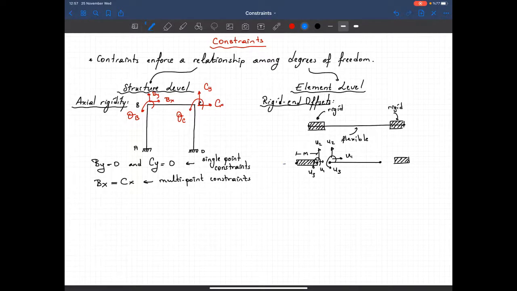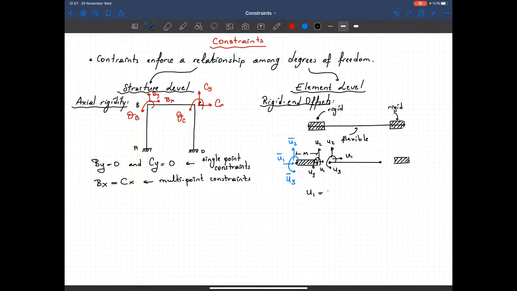Let's call this one u1 hat, this one u2 hat, and this rotation u3 hat. And then I define a relationship between these degrees of freedom and these ones. Since that's a rigid member, we can write the following relationships.